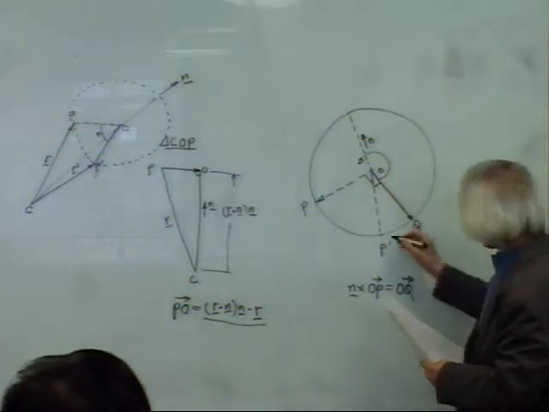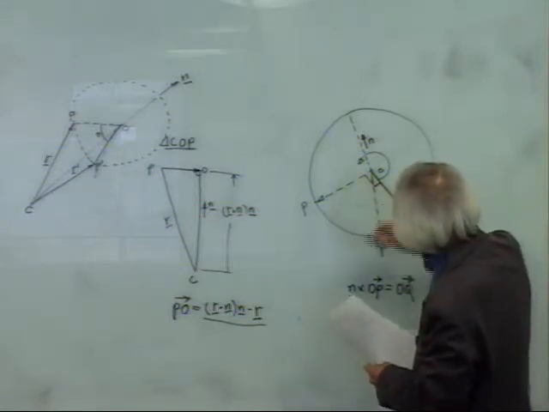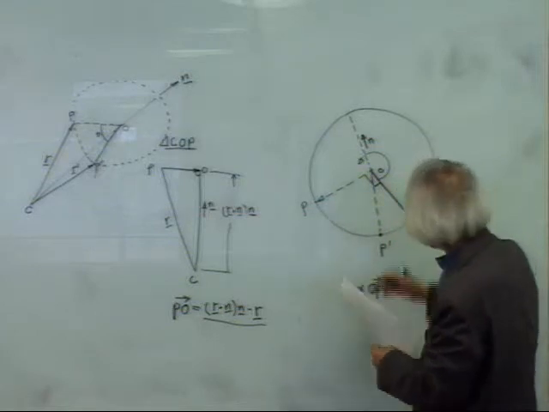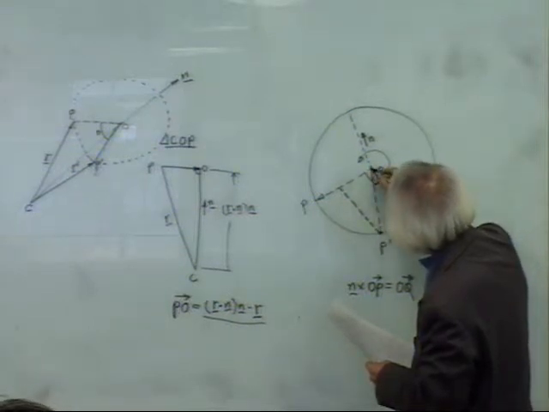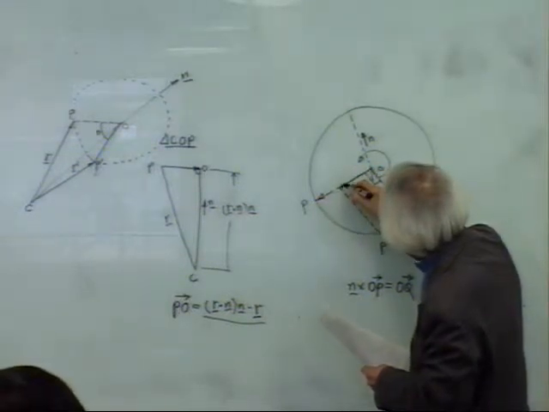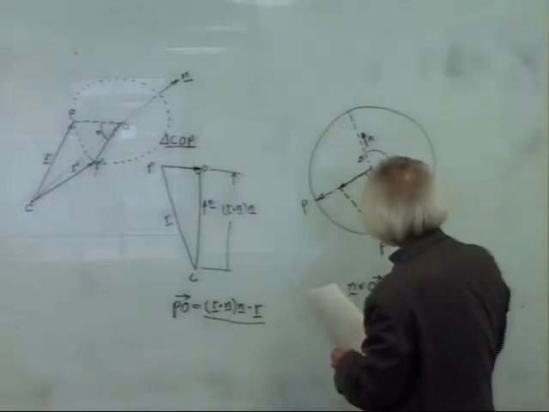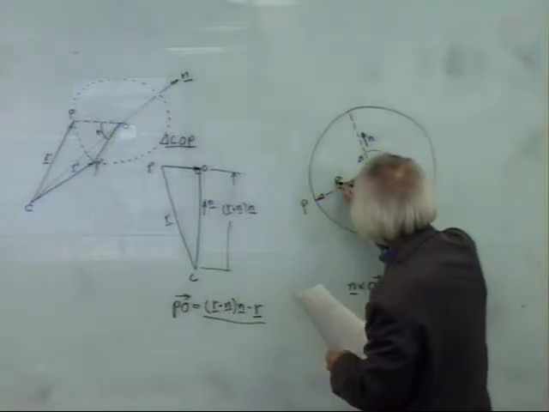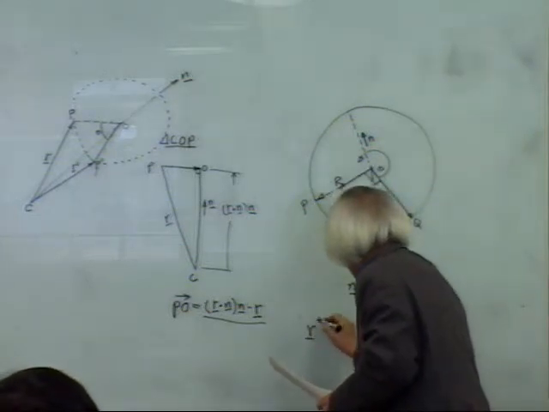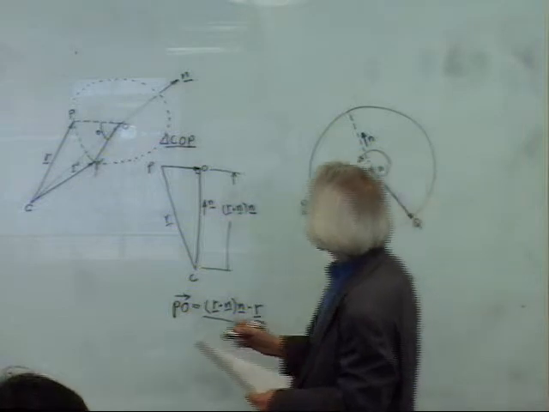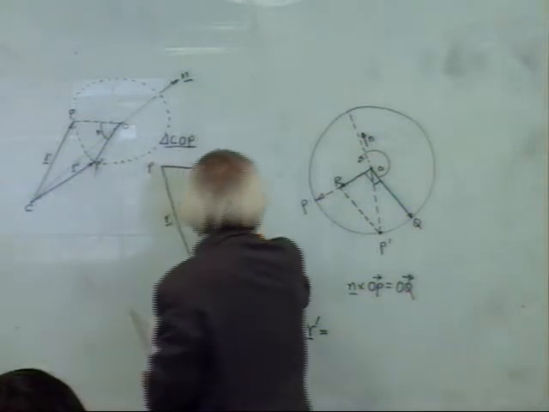So now, let's look at this point. This point can be resolved this way. From O to here, which I will call R and P prime. So my R prime here is from C to O, which is this guy, okay?